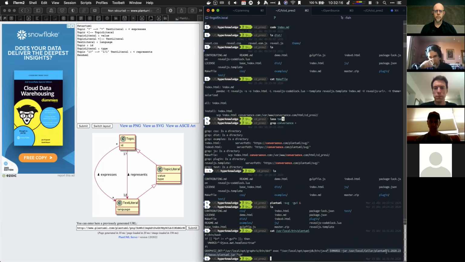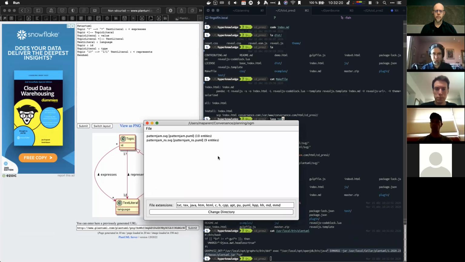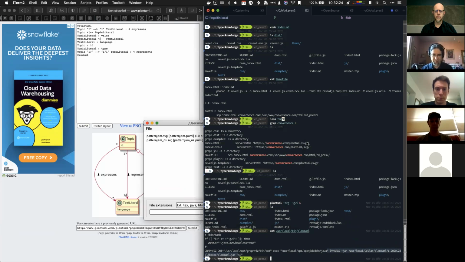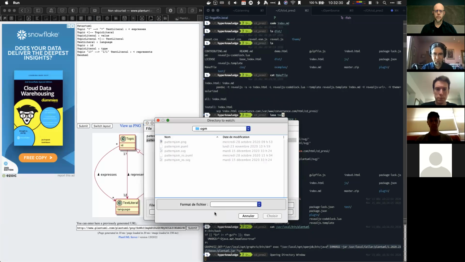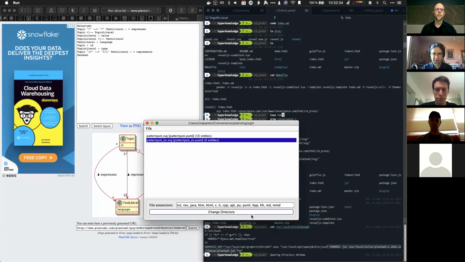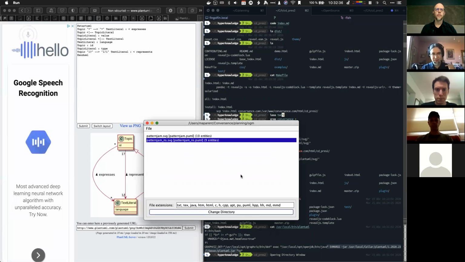And then, because I do SVG GUI, as I said, I have this thing that watches. There's a pattern. Okay, it's here. Oh, it's in another directory. It's looking in another directory. So you can tell it go in this directory or that directory. So this is planning OGM. And then it creates the SVGs. It maintains the SVG as the .puml file changes.